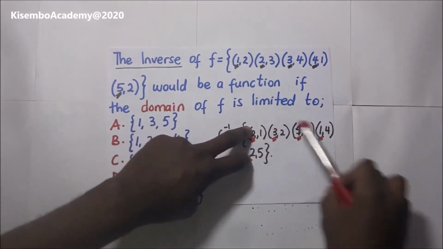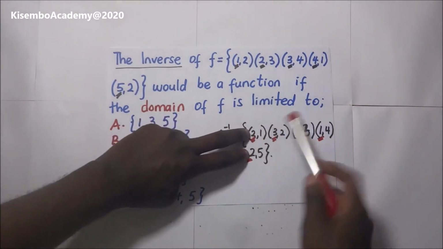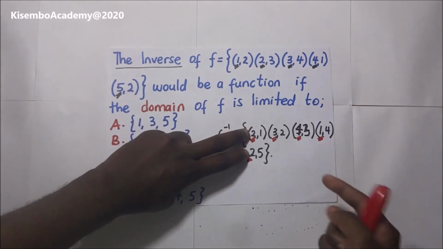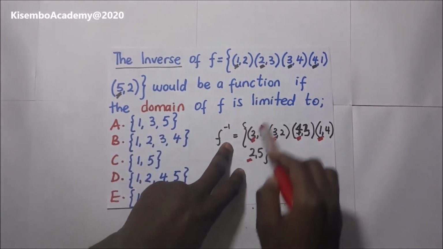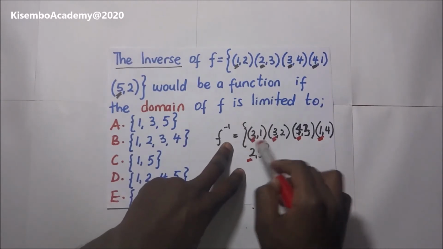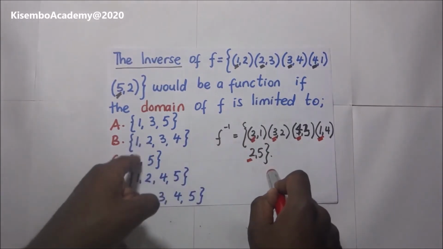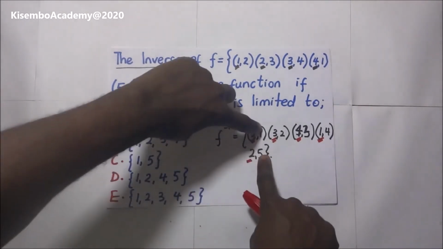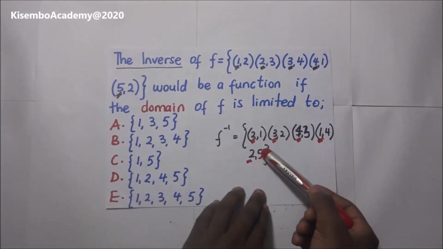These ordered pairs are not a function because we have an input 2 giving us two different outputs, 1 and 5. So if we are to make this a function, we have to eliminate one of these, because the major characteristic of a function is that one input corresponds to one exact output, not one input having two different outputs. So we can either eliminate this or that.